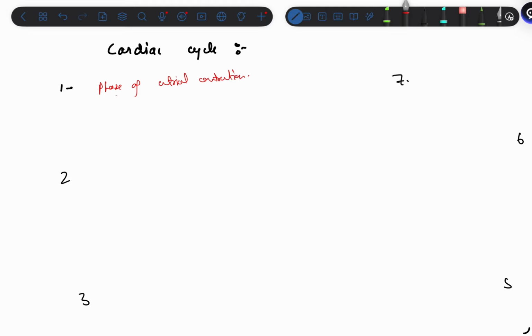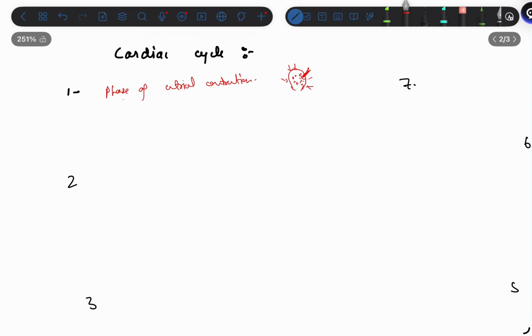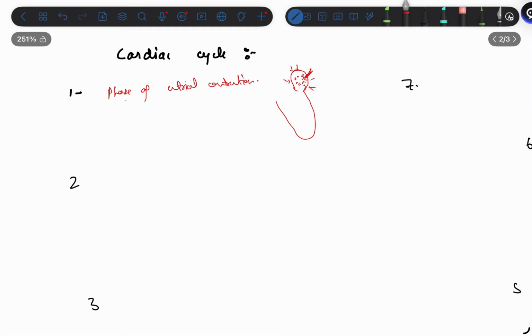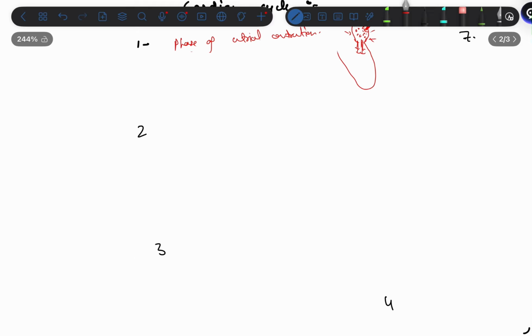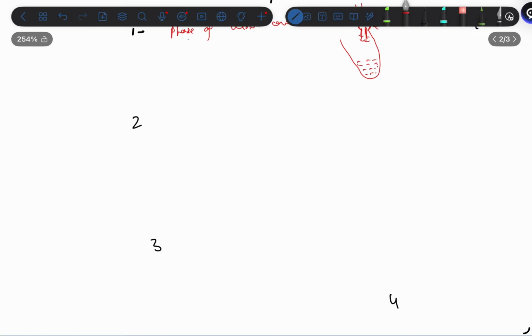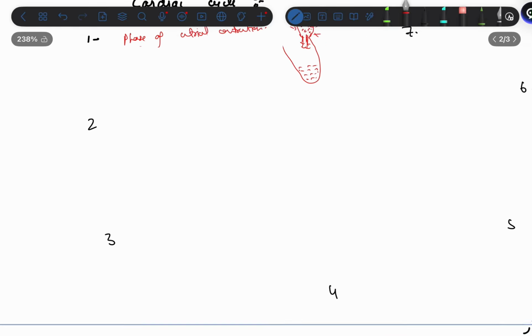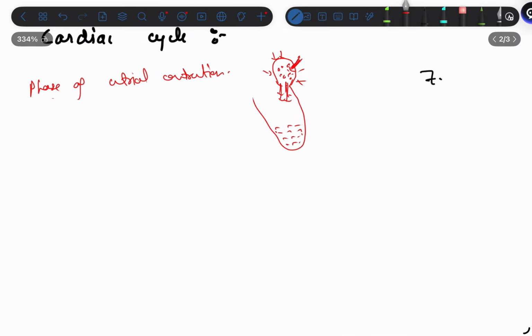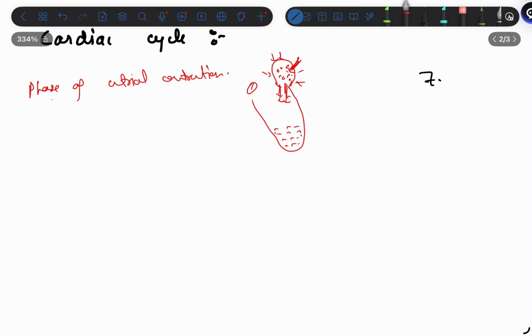In this, the pulmonary veins coming from the lungs fill the atria and the pressure in the atria increases, so the atria start contracting and fill the ventricle by contraction. Okay, and the ventricles get filled. In this phase, the aortic valve is closed.